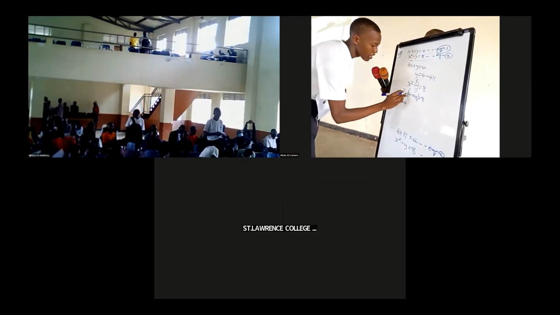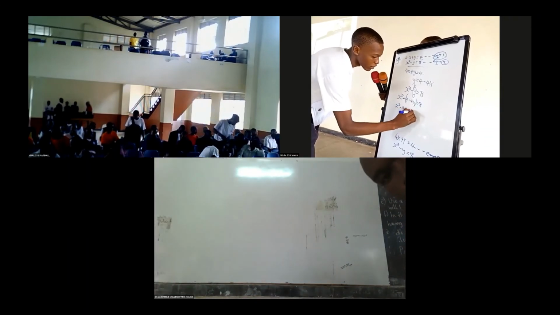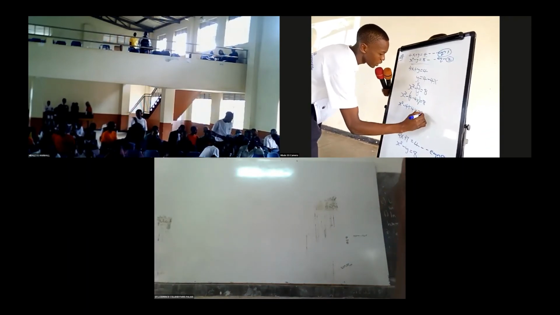So it will be minus into bracket 4 minus 4x, whereby we shall have x squared. So this negative times positive 4, we shall have negative 4. Then negative times negative 4x, we shall have positive 4x, equivalent to 8.